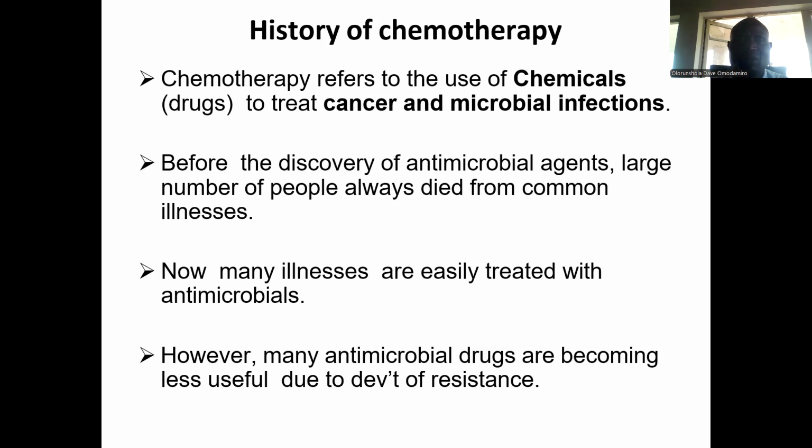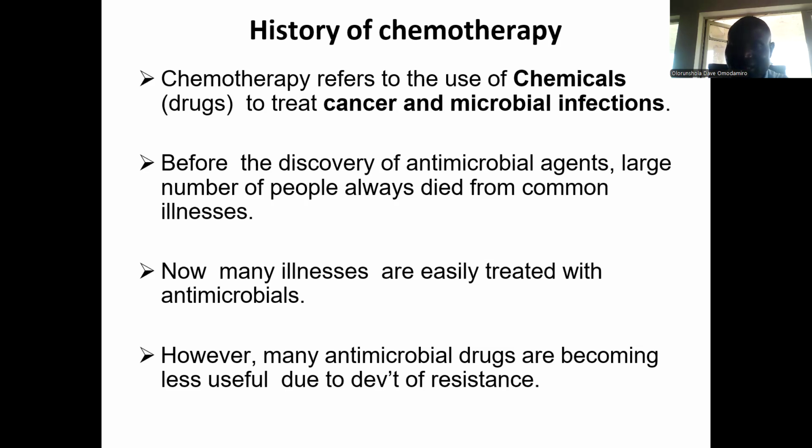Okay, let's briefly look at the history of chemotherapy, the origin of chemotherapy. Chemotherapy refers to the use of chemicals or drugs to treat cancer and microbial infection. Before the discovery of antibacterial agents, large numbers of people always died from common diseases.